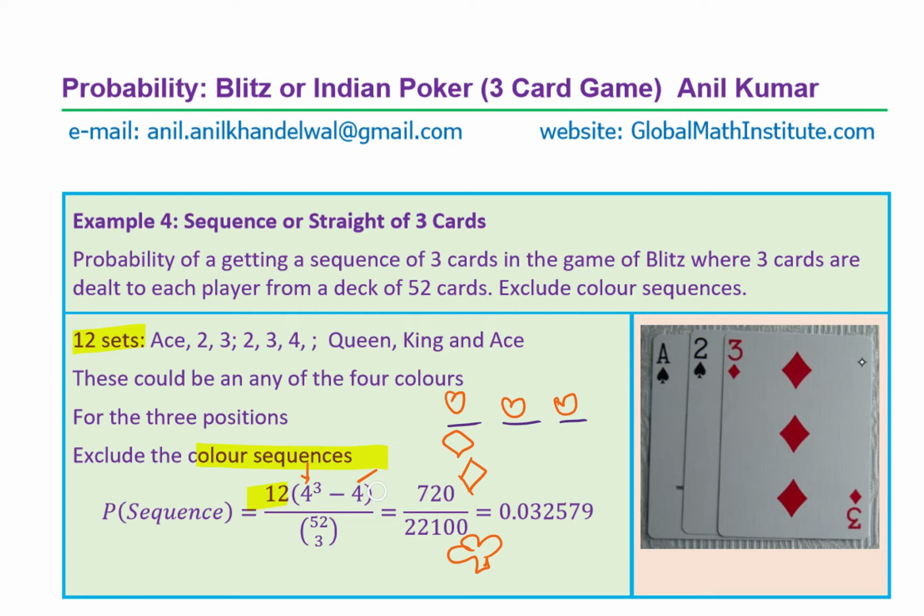So that is minus 4, and then you multiply by 12 because there are 12 sets of these, and you get your numerator, and you can calculate the answer, correct? 0.032579, which is around 3.2%. Pretty low, but it's a very high ranking card.